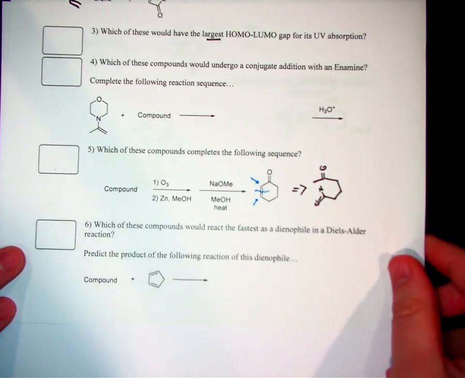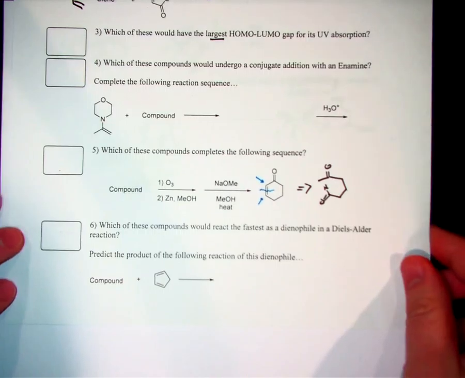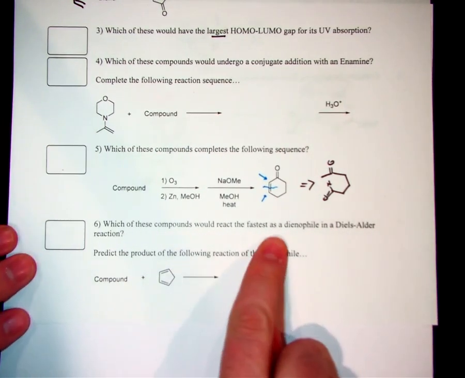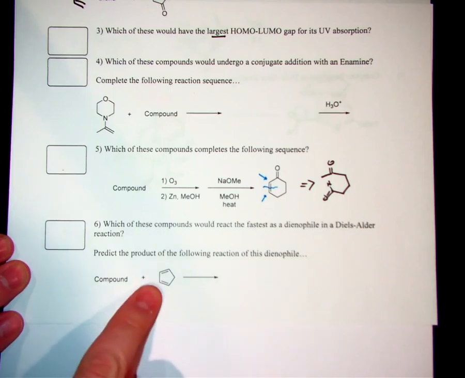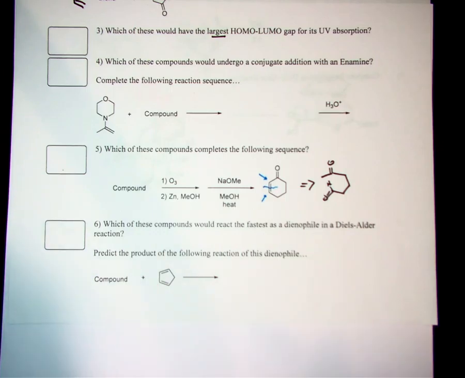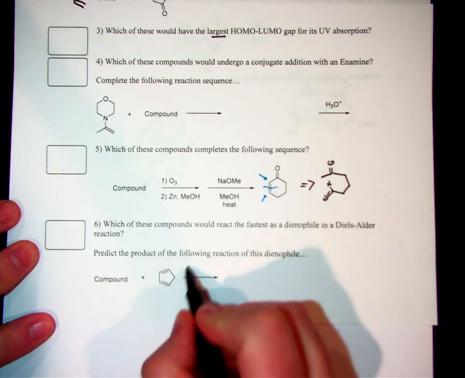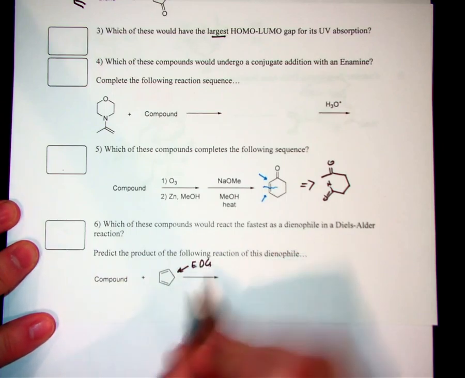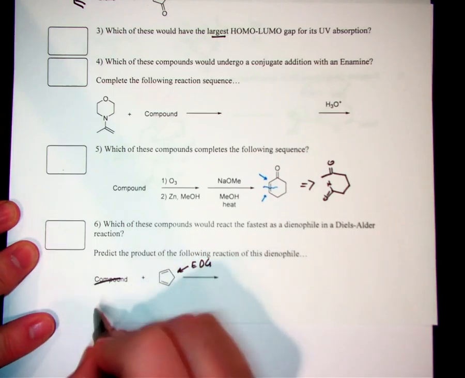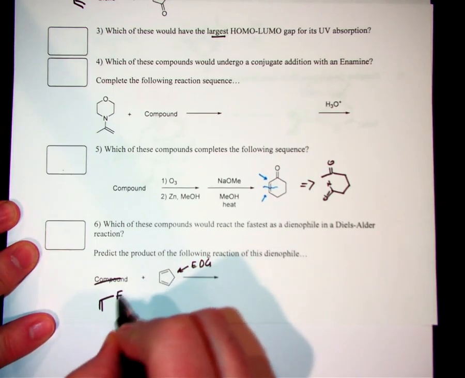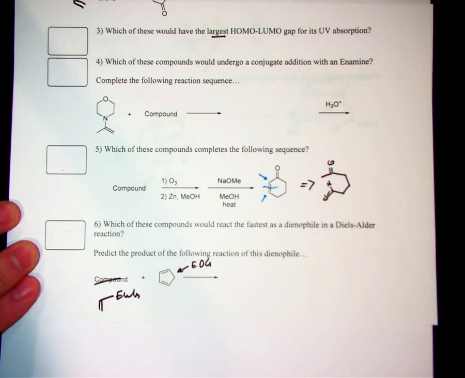The second one asks us which of these compounds would react the fastest as a dienophile in a Diels-Alder reaction. So here we have a diene. Now, dienes typically have electron donating groups attached to them, like this carbon group here. A dienophile typically has some kind of an electron withdrawing group attached to it.